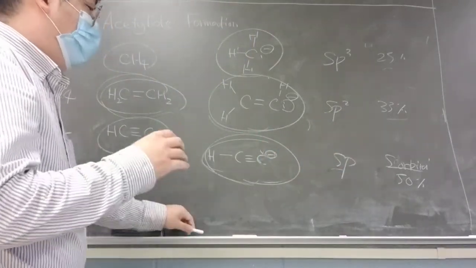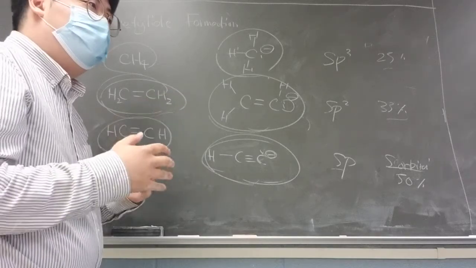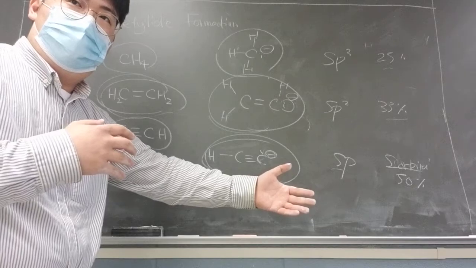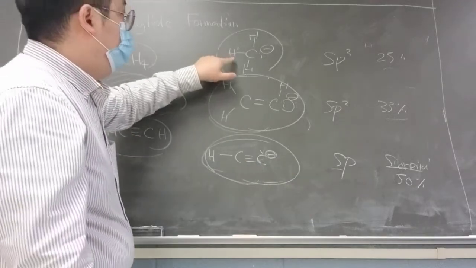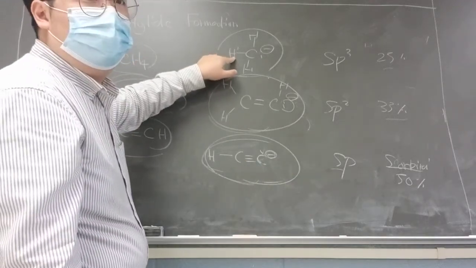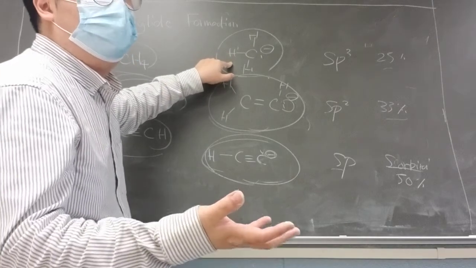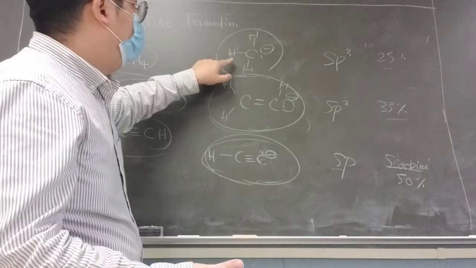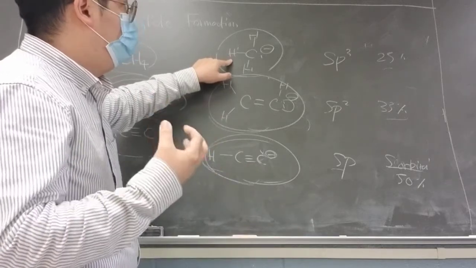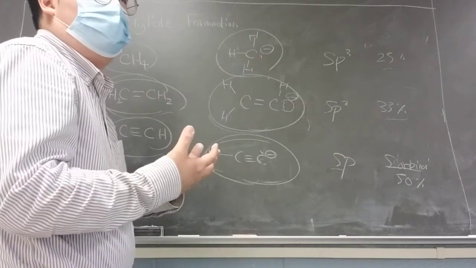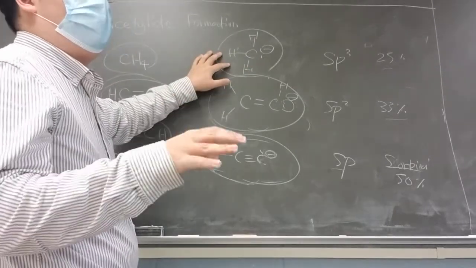So if that anion form is more stable, it's easier for them to lose the protons. Because if this is really unstable, by that rule I just told you, they don't want to lose the hydrogen, the proton. Because they know they will become really unstable by losing the proton here. That's why they don't want to donate the proton, which makes this one a weak acid.